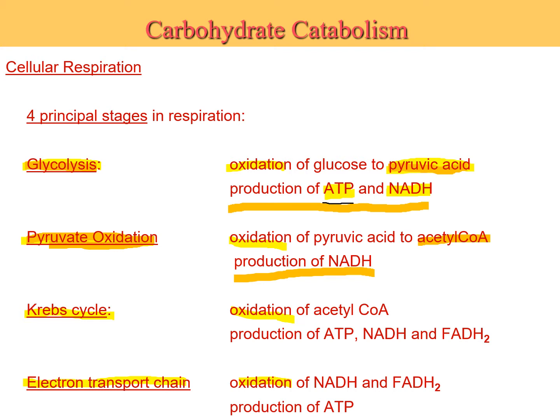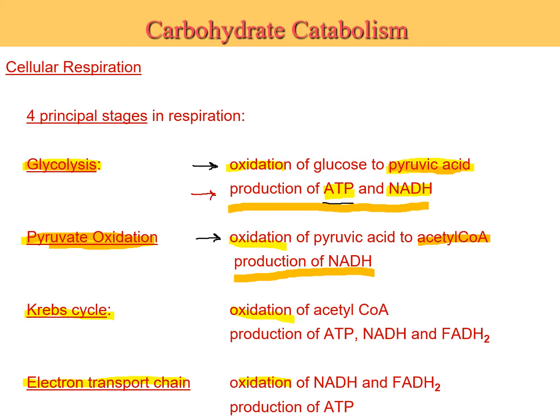In the first line shown here on each of these, that's what's happening to the carbon containing organic molecule each time it undergoes oxidation. And the second line, that's what's happening in terms of production of high energy compounds.